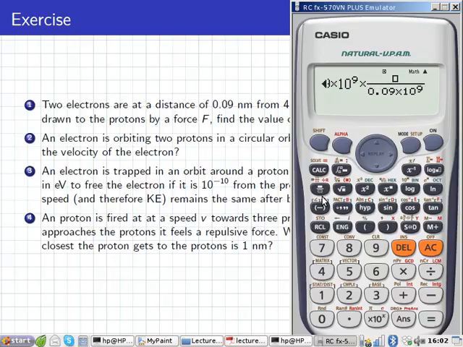And that's, of course, squared. Minus 9. And then on the top, what is it? 2 protons, 2 electrons, and 4 protons.